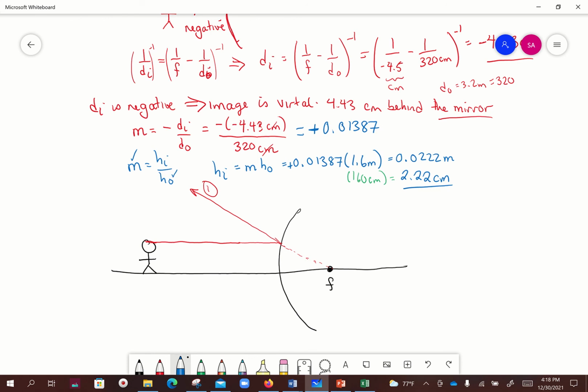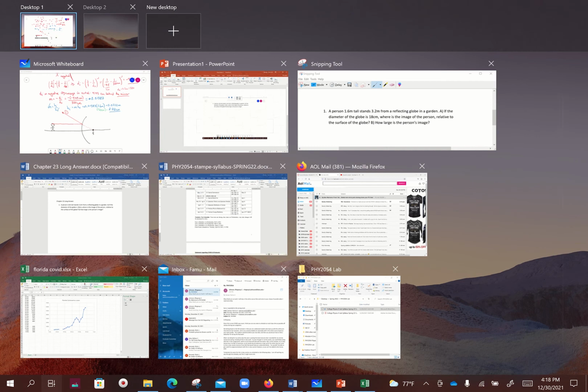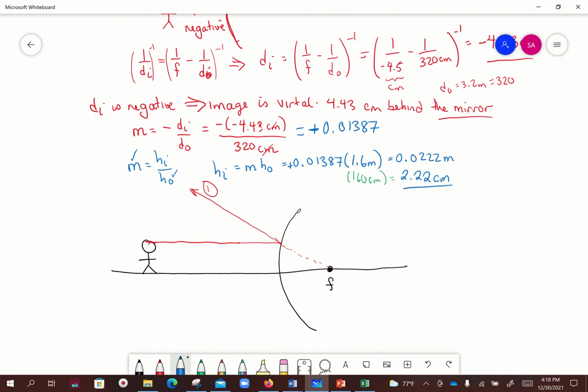Okay, special ray number 2 is one that comes in like it goes through the focal point. So it goes like that, and then it bounces back parallel. Okay, so there's my ray number 2.